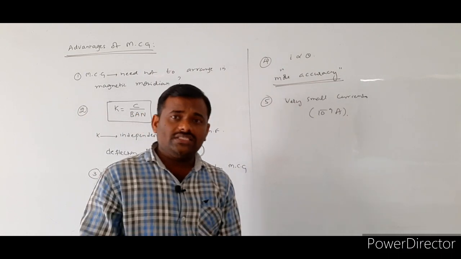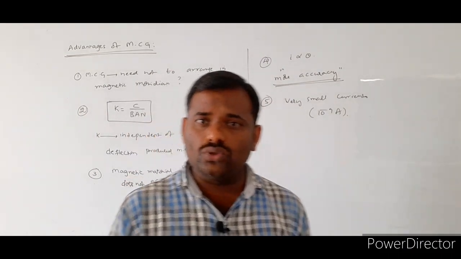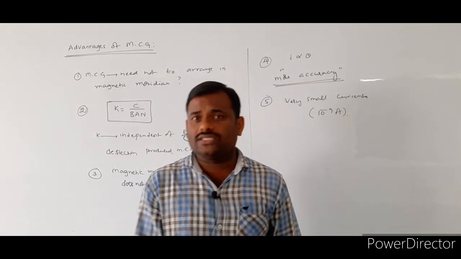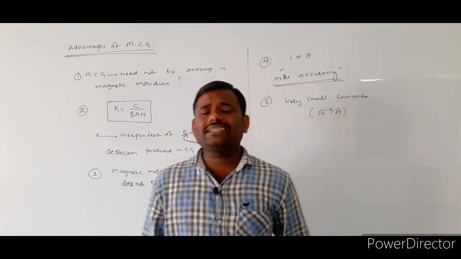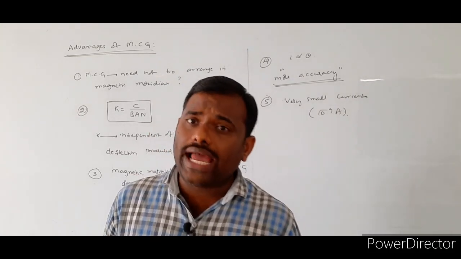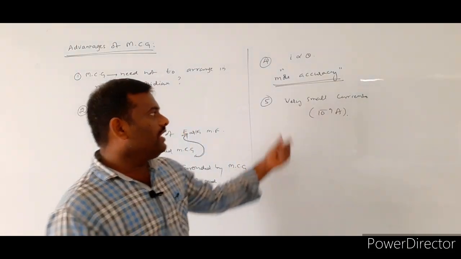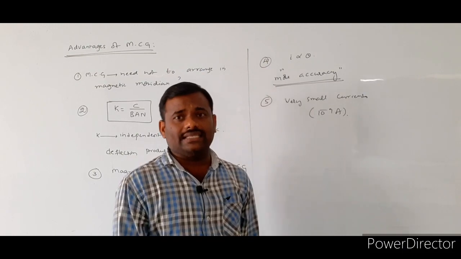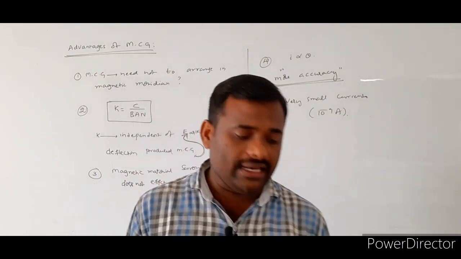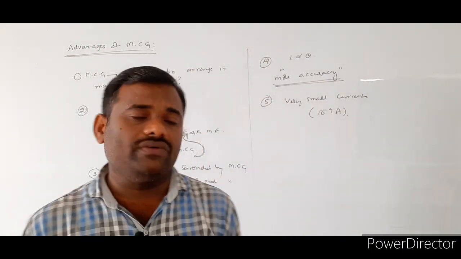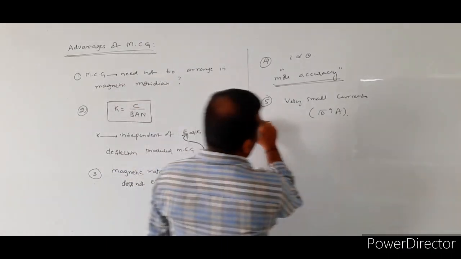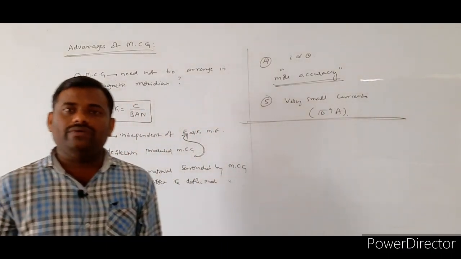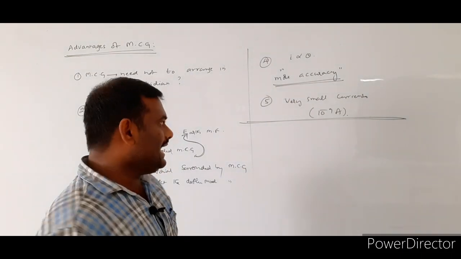Generally, ammeters measure only large currents, but to measure very small currents with more accuracy, we go to the device that is nothing but the moving coil galvanometer. So these are the advantages of the moving coil galvanometer.